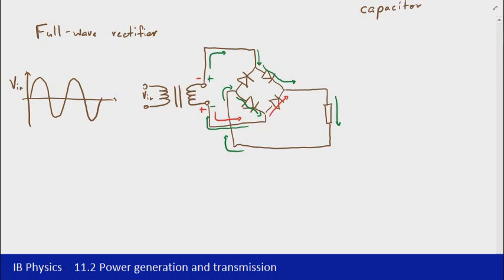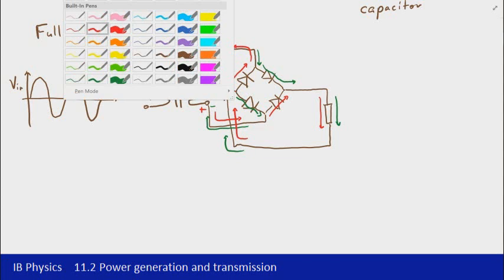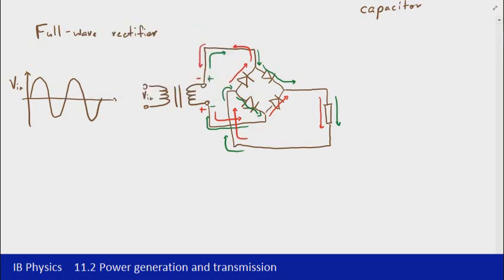That then means it's going to flow down through the resistor and flow back up here. And now that this left hand diode was reverse biased, this one's going to be forward biased, so current flows up through there, around through the top, and then back down. So that means that on both half cycles we have current flowing down through the resistor.